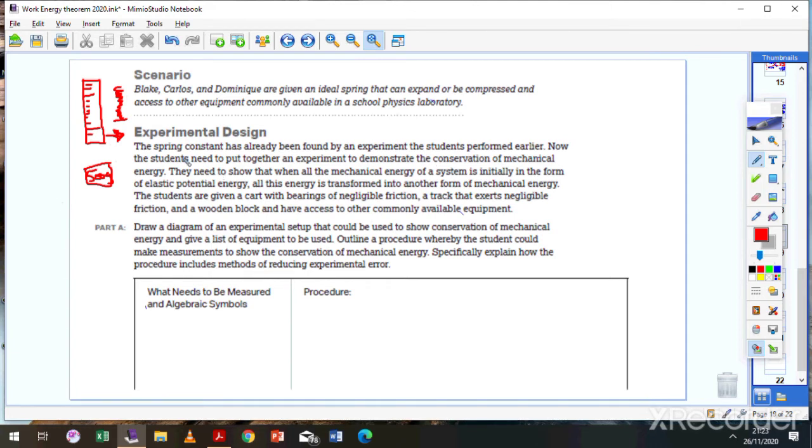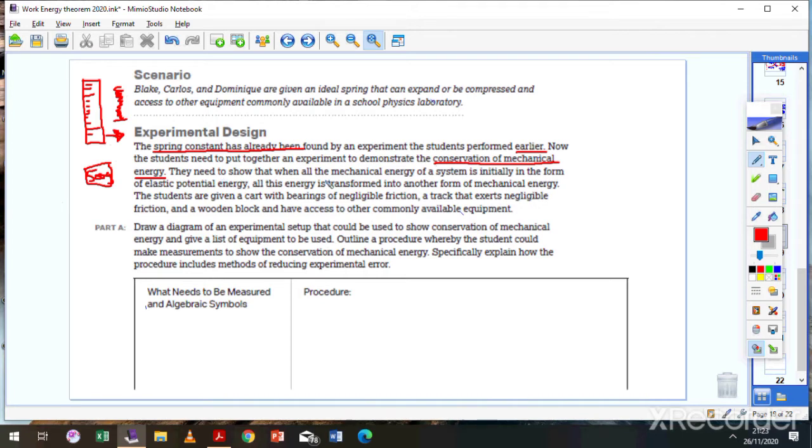So in this experiment, the spring constant has already been determined by a previous experiment that they performed earlier. Now the students needed to put together an experiment to demonstrate the conservation of mechanical energy.